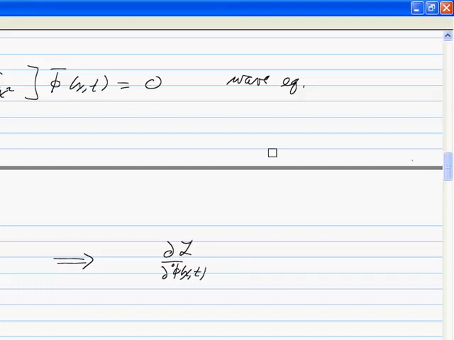So let me try writing that a little clearer. Okay, so that's a dot, that's a time derivative. And so that's going to play the same role. That is going to be defined as pi of x and t.